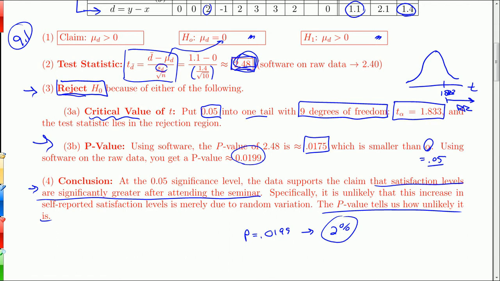You can expect a magnitude of the difference observed here in this sample to occur 2% of the time just by random variation. Right? So that difference is fairly unusual because a difference that big or bigger would only happen 2% of the time. So that makes it unusual. It tells us that this difference is significant. You know, it might be due to random variation, but that is unlikely.